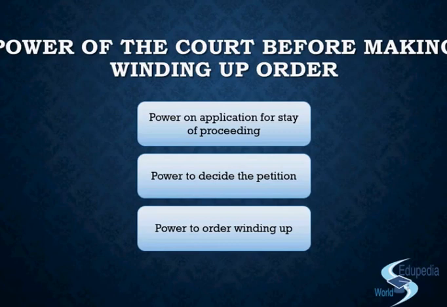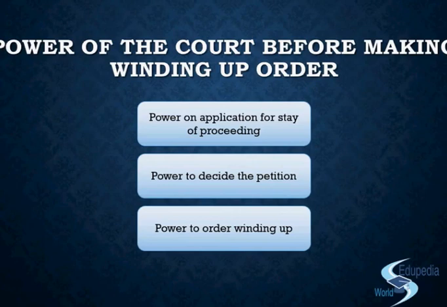So that is all about the power of the court before making a winding up order, right? The first thing is the petition comes to the court. There are some other people who come to oppose. They bring an application to stay the proceeding, and the court can order the stay. If there is no stay order and the court moves on and is deciding the winding up, then it again has four powers: either adjourn it or dismiss it, pass an interim order, or pass a winding up order.